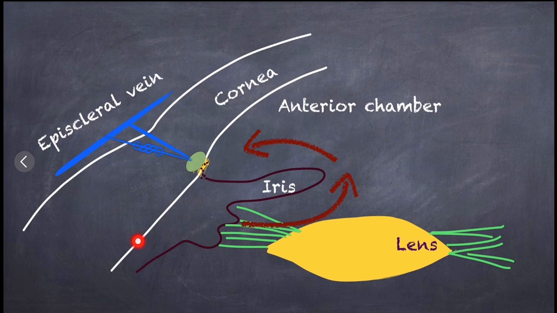From the suprachoroidal space, it moves into the choroidal veins. This forms the total pathways of the aqueous outflow. So there are actually two pathways. One is the uveoscleral outflow, that is via the ciliary body, and another one is the trabecular, that is the conventional flow, that is via this pathway.